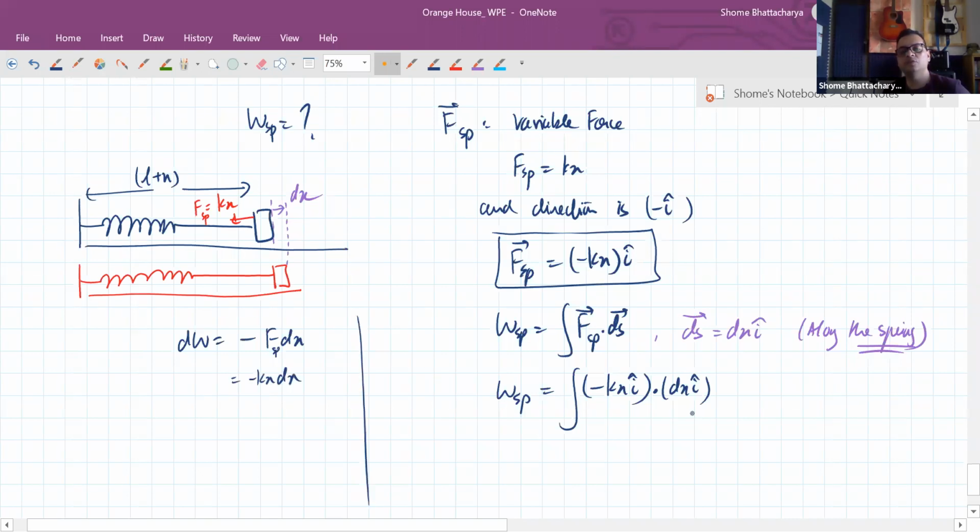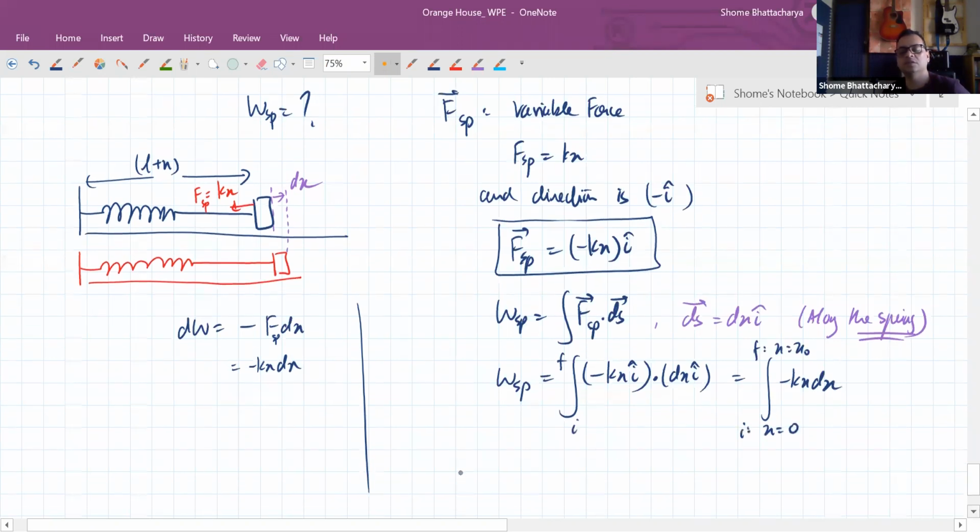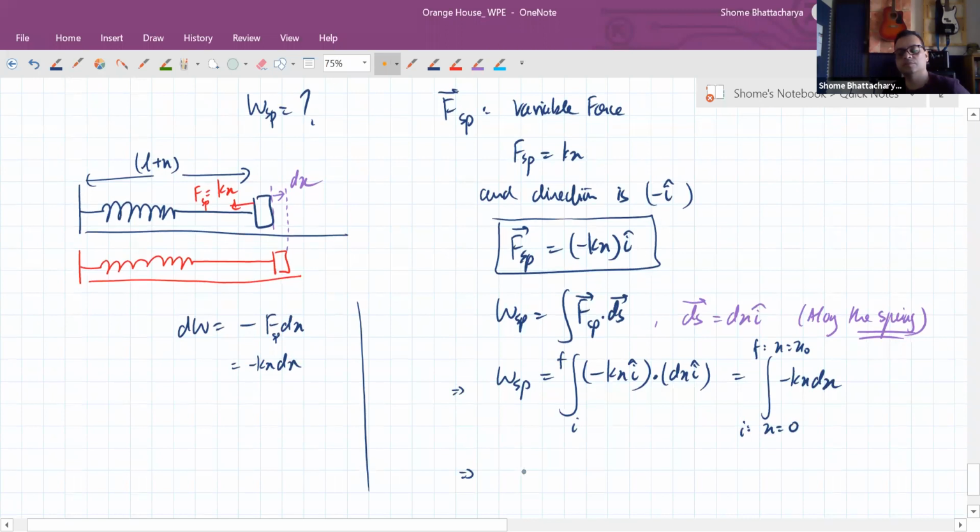Okay, so that way also you can understand that this is going to be integration of minus kx dx, but from where to where? From initial to final position. So initial position में x कितना था? 0 था, और final position में x का value कितना है? x naught है. Okay, so it is minus half kx naught square.